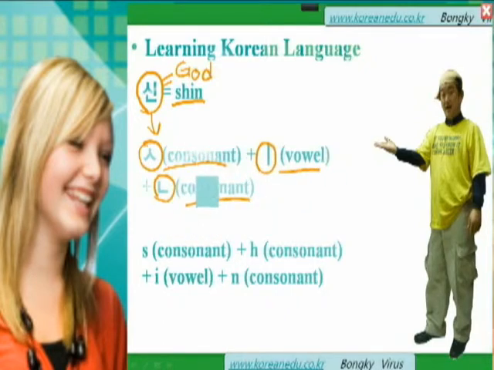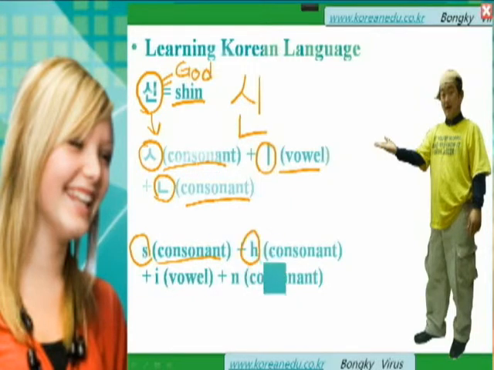These three alphabets compound together and make Shin. The meaning is God. Let's see the sound Shin in English. S, consonant, H, consonant, I, vowel, and N, consonant.